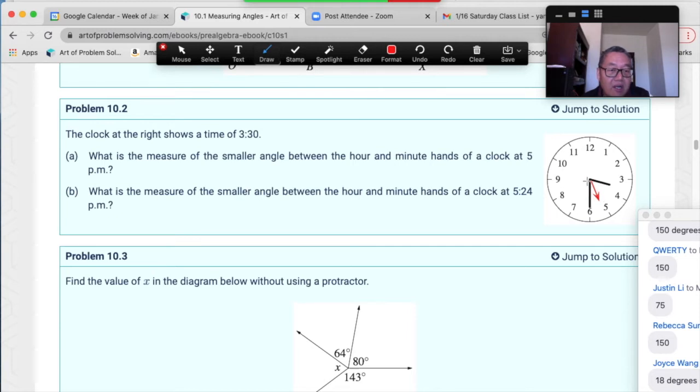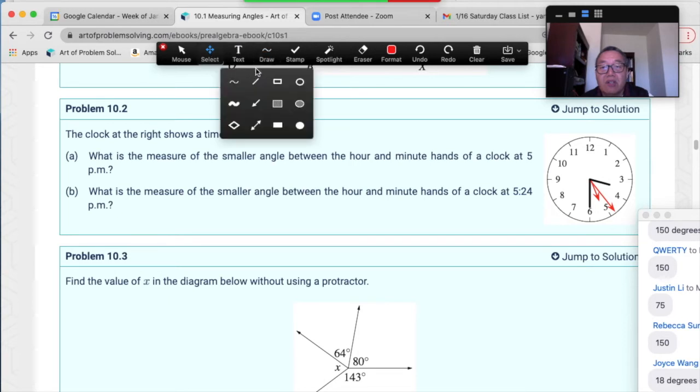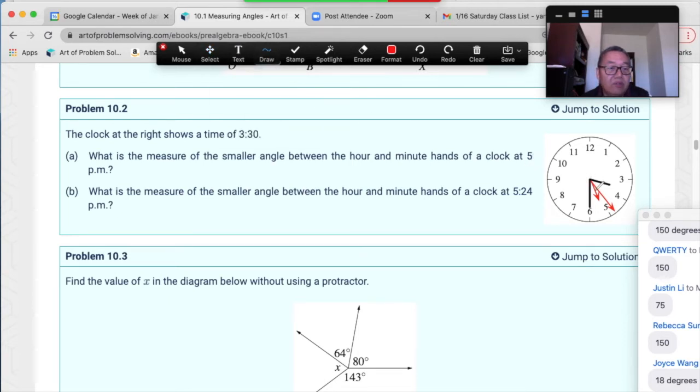And the minute hand points to here, that will be 20. 24 will be something here, right? So then they ask you, what is this angle? This one.